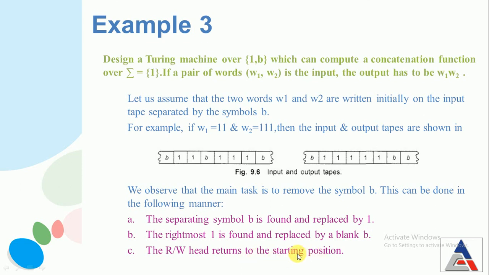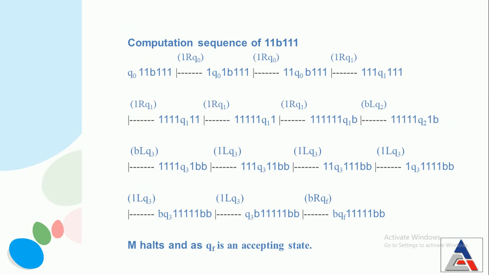So let's start with the computation sequence. Here your W1, this is the separating symbol, and this is your W2, right? Your main aim is to remove this B. So let's proceed. Q0 on 11B111: this will remain as such, there is no need to change the symbol or the state. Again I am doing it with the help of a transition table: alpha, beta, gamma, new symbol, direction and new state.